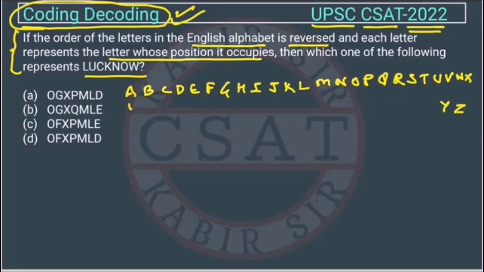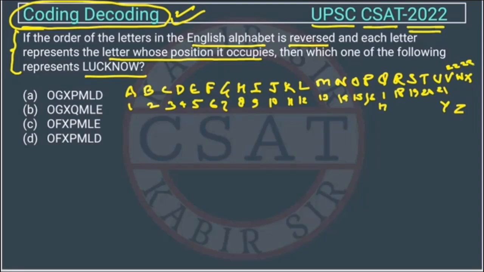And the numbering also you can do, 1 2 3 4 5 6 7 8 9 10 11 12 13 14 15 16 17 18 19 20 21 22 23 24 25 26. So the question is saying this is the alphabet, this is the position of each letter. Now they have reversed it. So at the first position there will be Z, and at the second position there will be Y, right? So we will write it in reverse order.